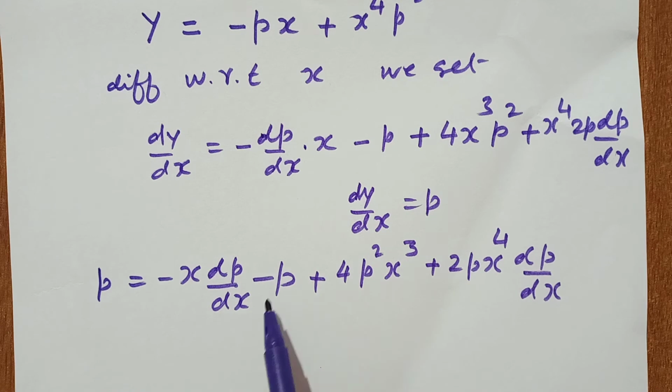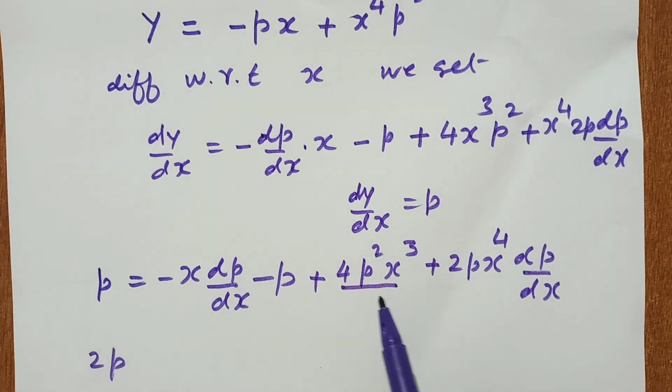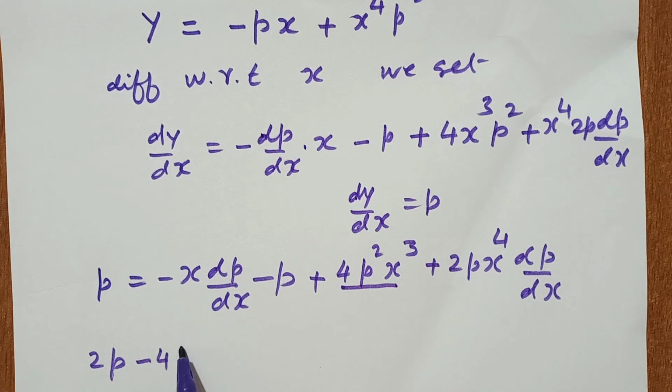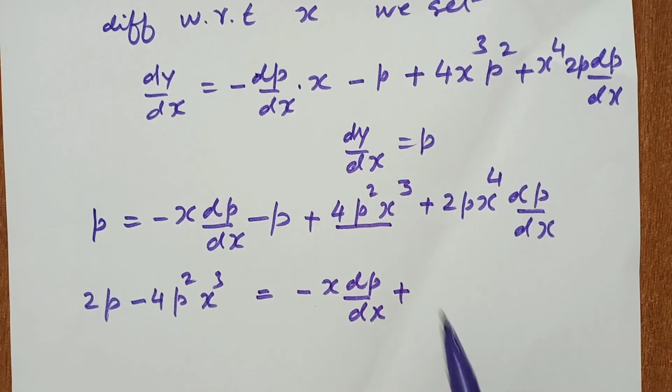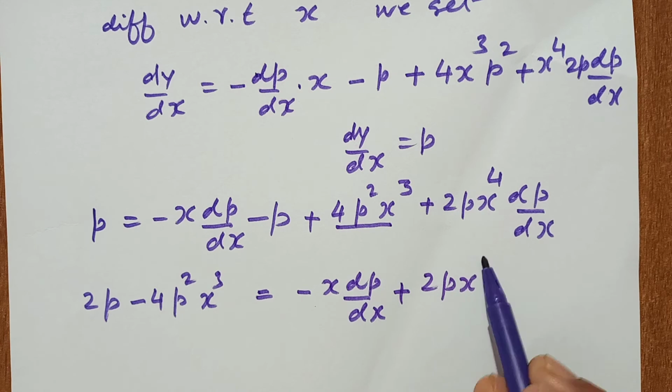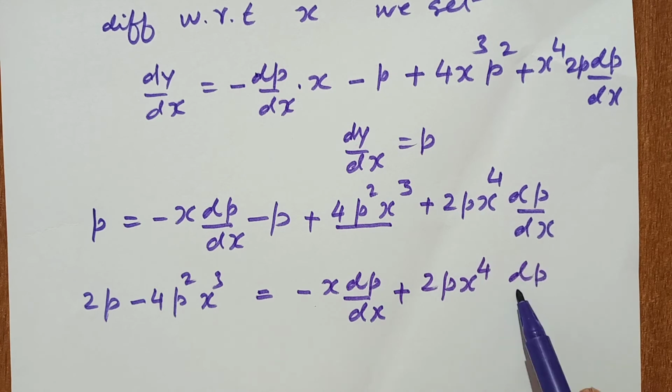Here p and p, 2p, and minus 4p square x cube, and the remaining terms: equal to minus x dp by dx plus 2p x to the power 4 dp by dx.